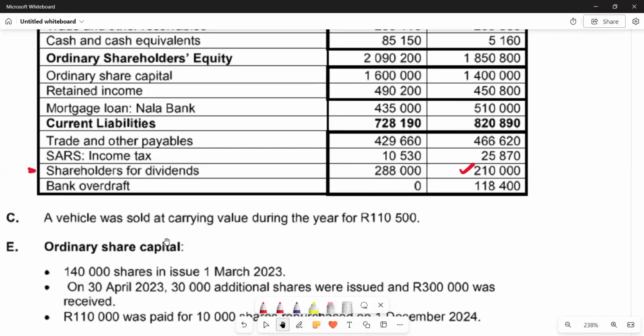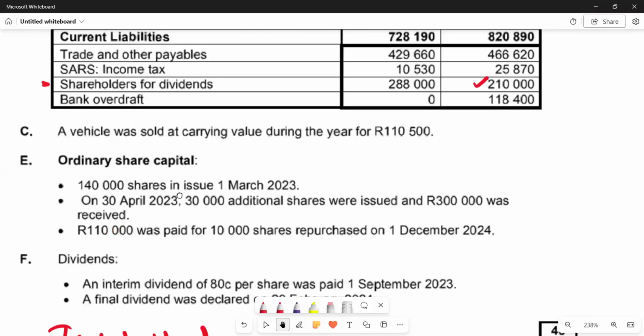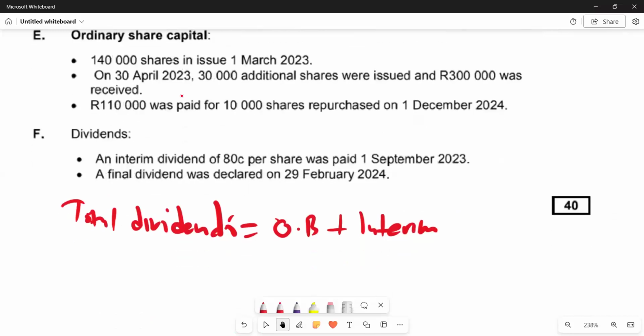So we are going to say 210,000, representing our opening. Then plus interim, we are told that it's 80 cents per share, but it was paid on 1 September 2023. And on 1 September, we know that at the beginning of the year, we had 140,000 shares.